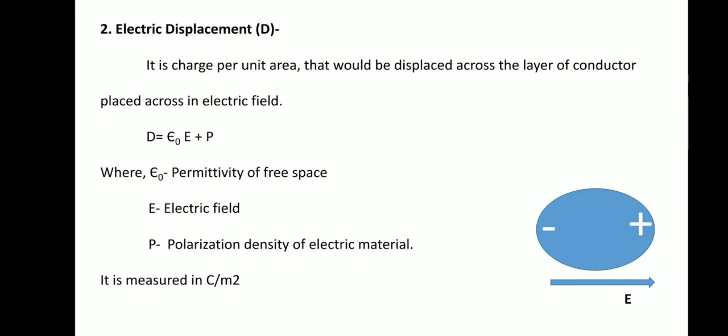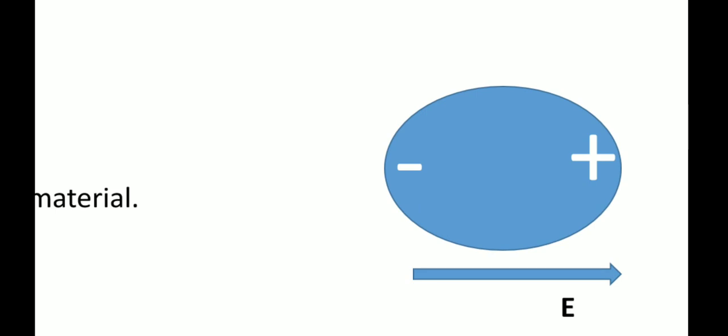Here we can see that when we apply an electric field to this dielectric material consisting of positive and negative charges, the negative charges move opposite to the applied electric field, and the positive charges move in the direction of the applied field. So the charge displacement creates dipoles in the material, called polarization or electric polarization.